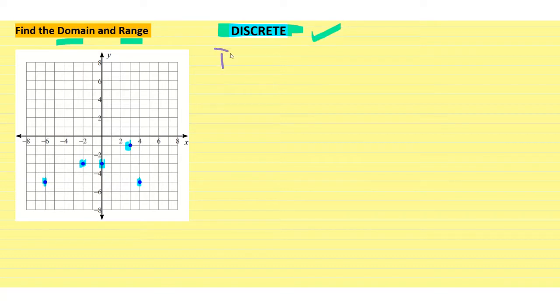The domain values have to do with the x-axis. And if the domain has to do with the x-axis, that means they want x values. So we're going to look at this one point over here. If we want to tell what its coordinates are, it's going to be at -6, -6. That's going to be the x value.